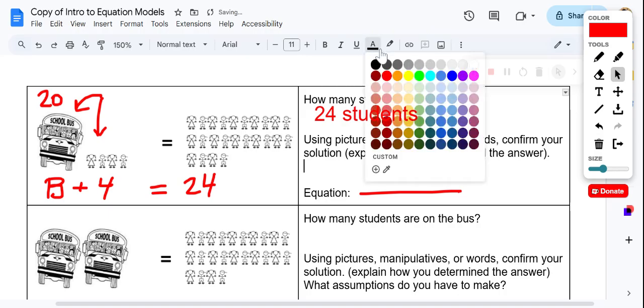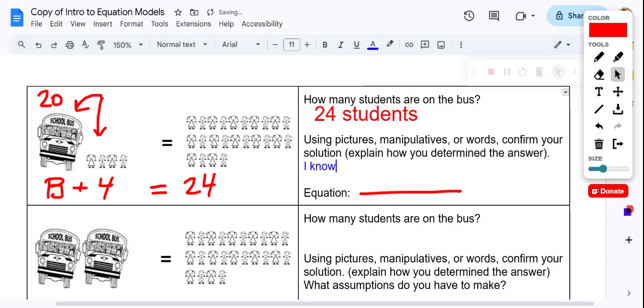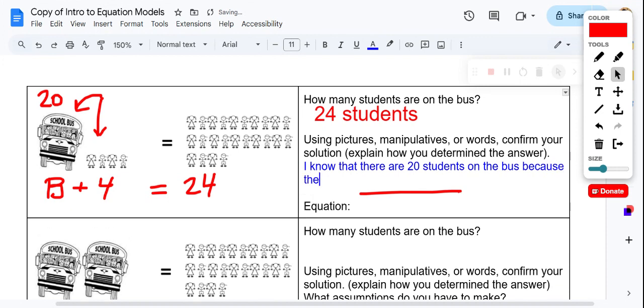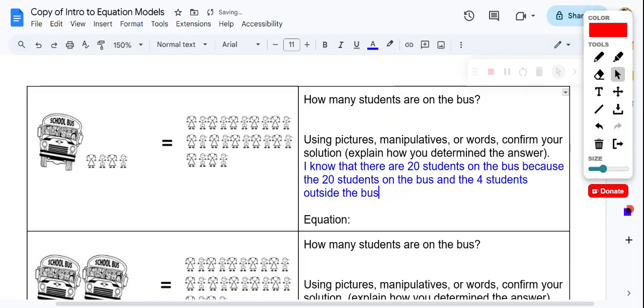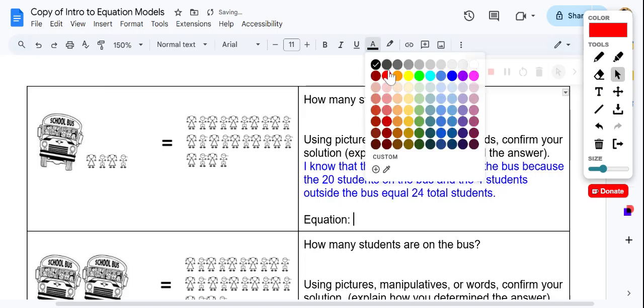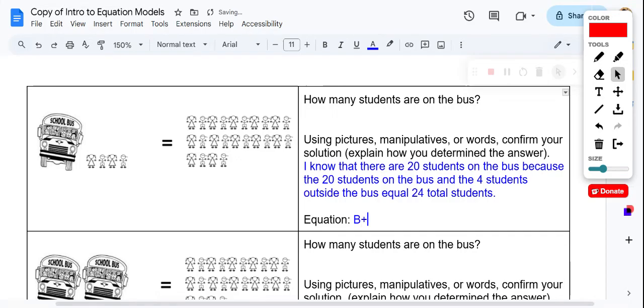We're going to say something along the lines of, I know that there are 20 students on the bus because the 20 students on the bus and the 4 students outside the bus equal 24 total students. Okay, or something along those lines. It doesn't have to be exactly those words.